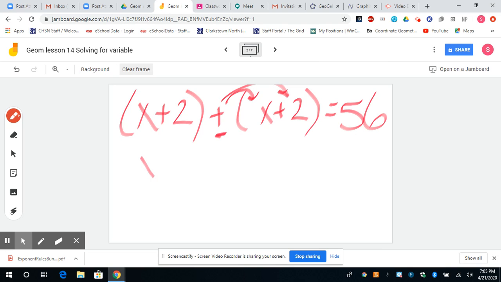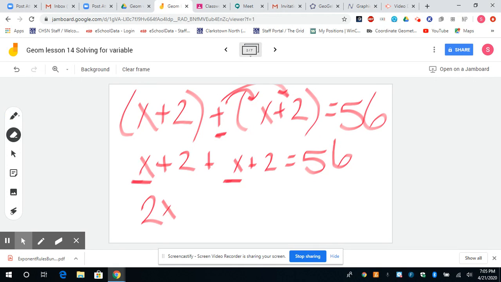So we're just going to drop the parentheses, combine like terms, and then try to solve for x. Let's see if this works nicely. So we can combine x and x. How many x's do we have altogether? We have 2x. Then combine the numbers together. Plus 4. Don't combine the 56. It's on the other side of the equation.